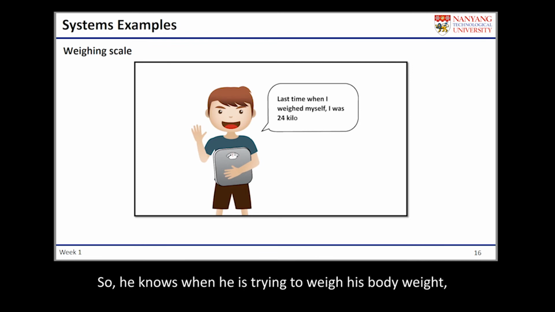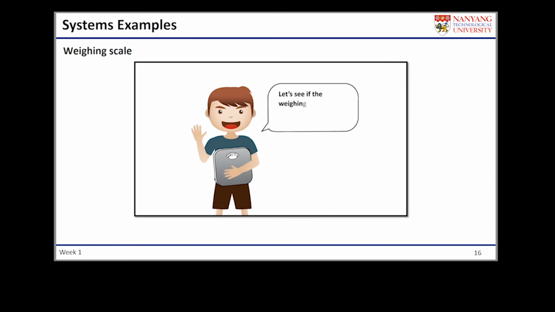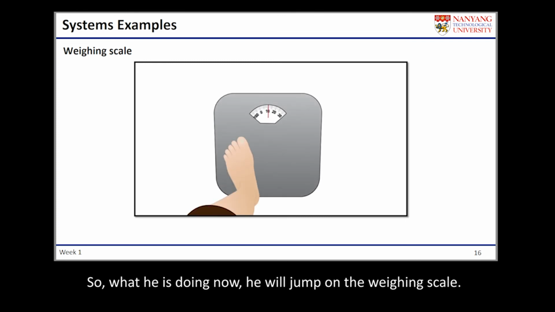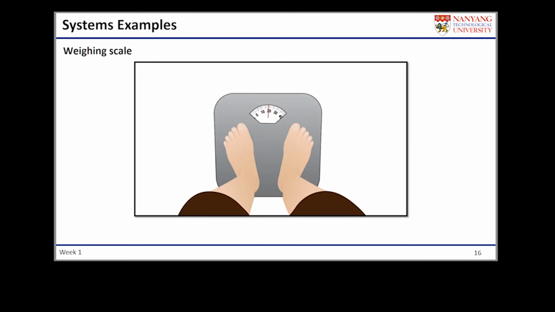He knows that when he weighs his body weight, his weight is 24 kilograms. So what he is doing now, he will jump onto the weighing scale. Assuming that the body weight of this boy is constant during the entire measurement, we can consider it as constant.